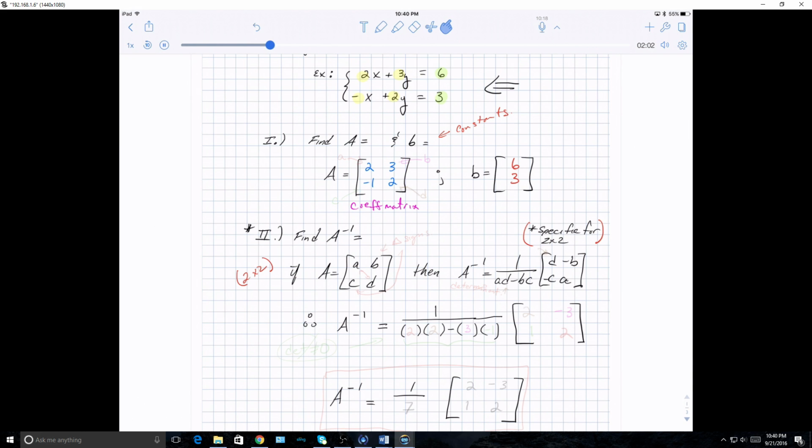So if we're given some matrix that has A, B, C, and D, we can find the inverse by taking 1 over the determinant, which is AD minus BC, and we just multiply that scalar by the inverse matrix.